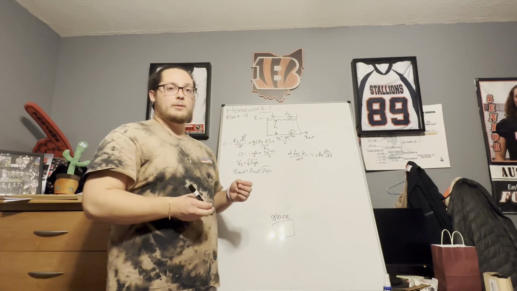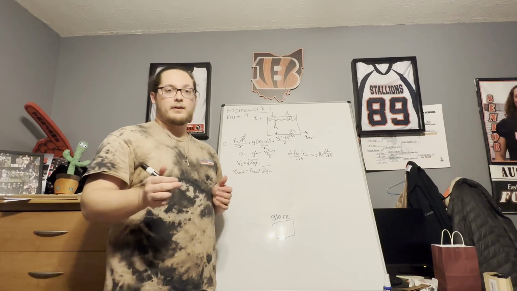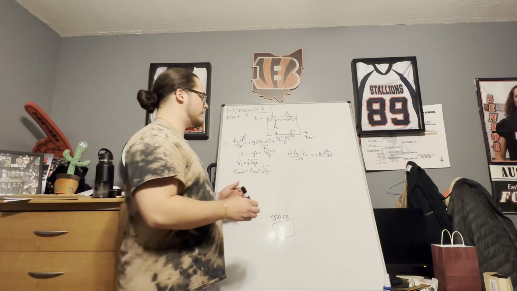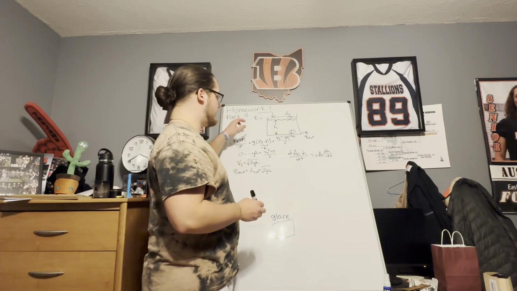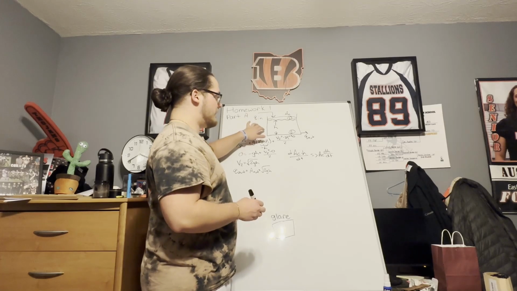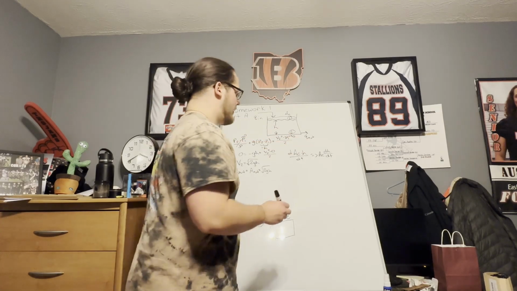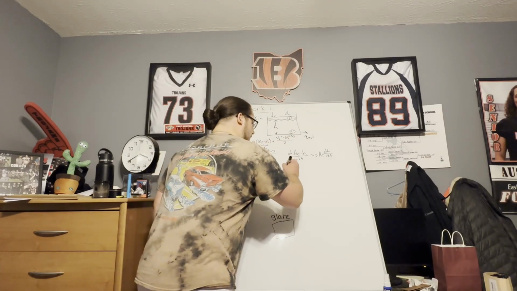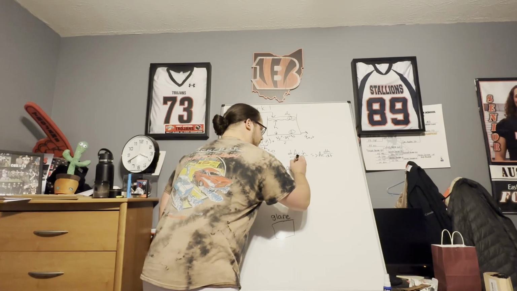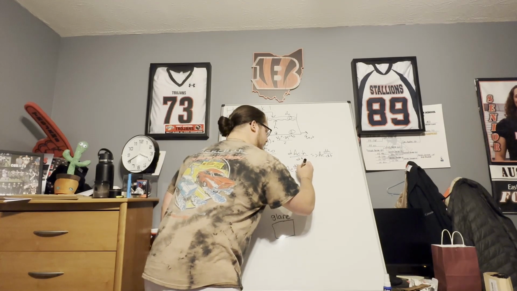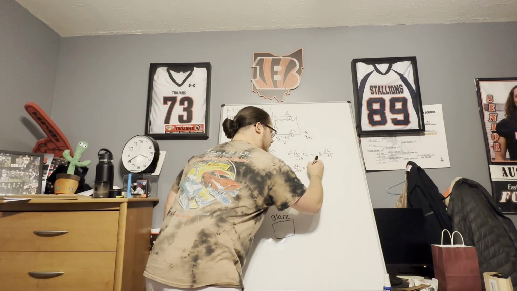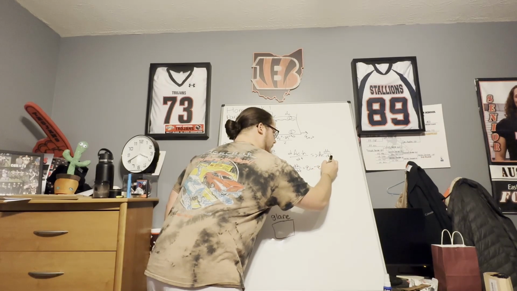Next we move on to the right side of our material balance, which is going to be equal to our flow rate in minus our flow rate out. So we will have AC dh/dt equal to Q in minus Q out.